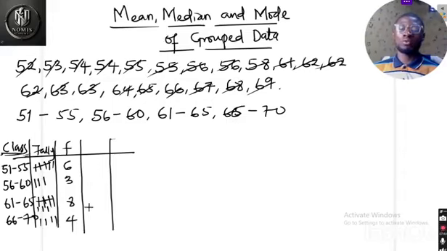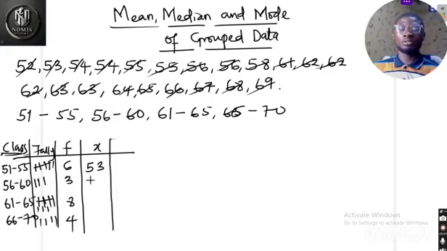So you see 50 and 56 should give us 106. Definitely the class rep, let's say is X now, is 53. So this will be 53. So 56 plus 60 is 116. So that will be 58.